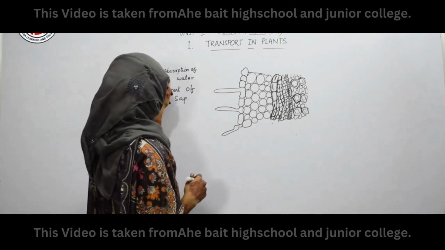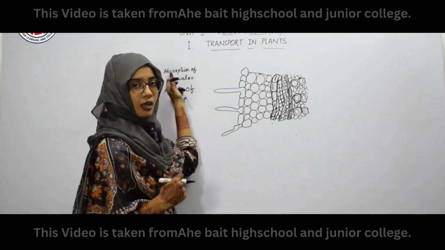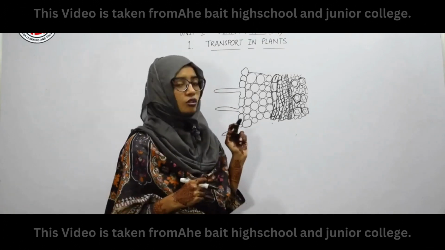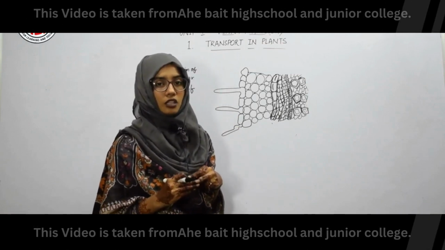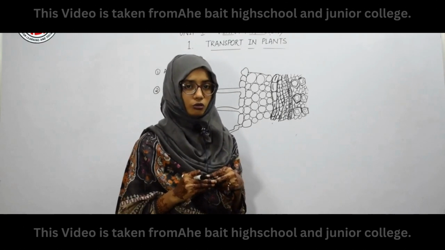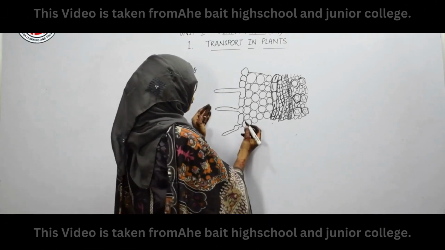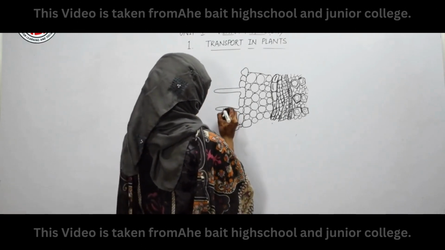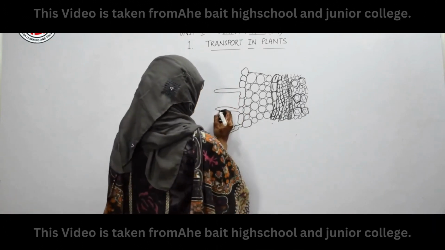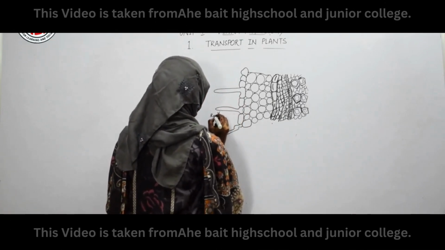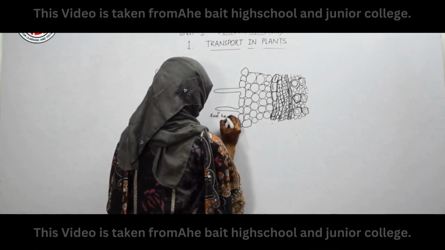Firstly, we will discuss the first step, that is absorption of water. To study the absorption of water, we need to observe the cross structure of the root. The cross structure of the root shows that the epidermal cells of the roots have some protrusions, and these protrusions are called root hairs.